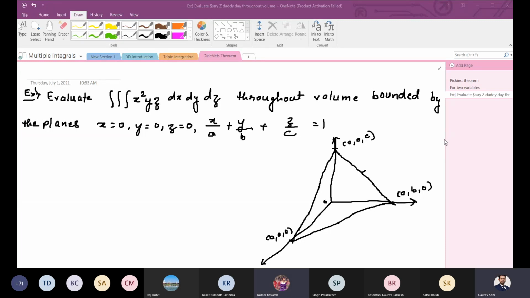Yes. What is the other condition? Sahil. Yes, sir. Tell me, what is the integration here? Sir, no idea, sir. I'm trying, sir.